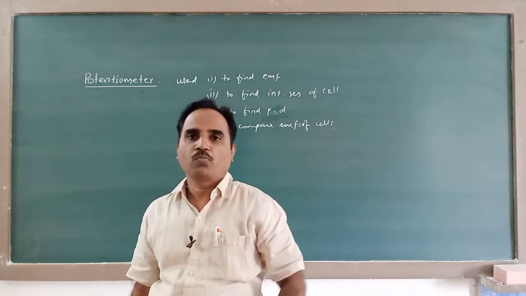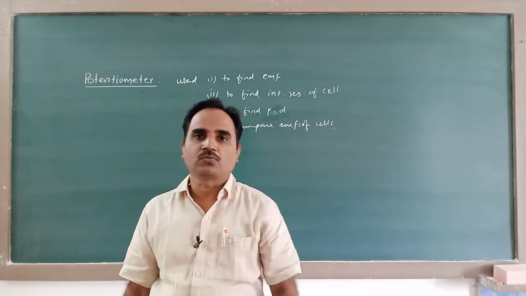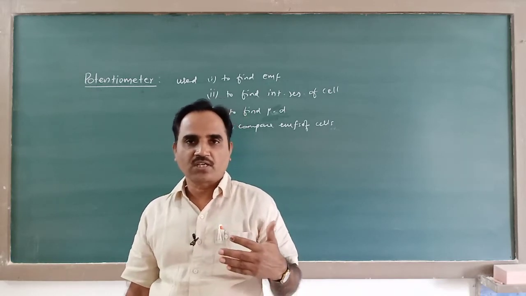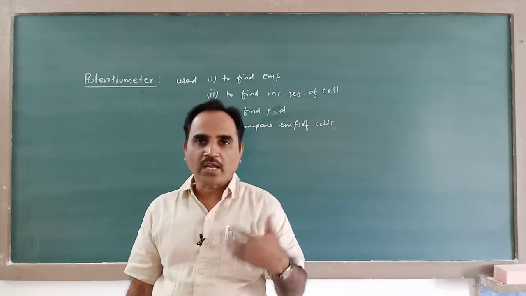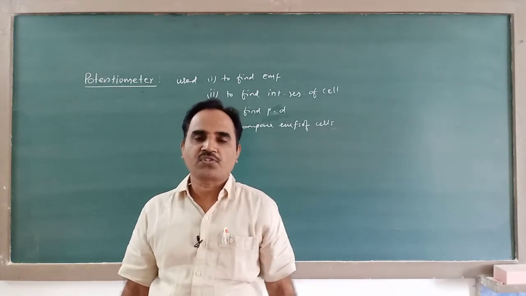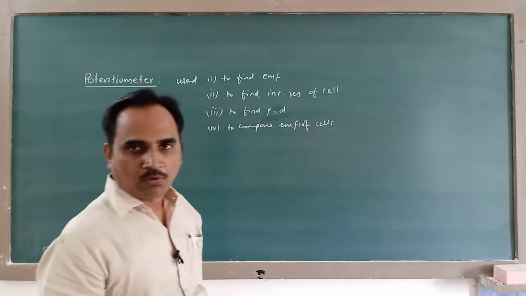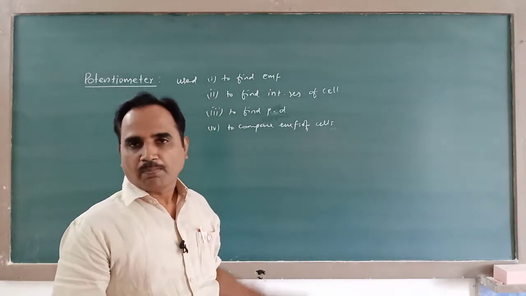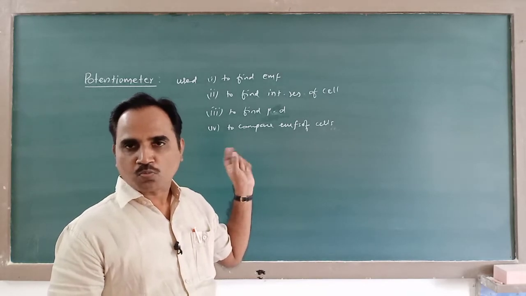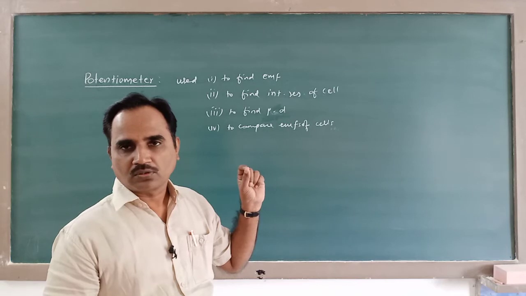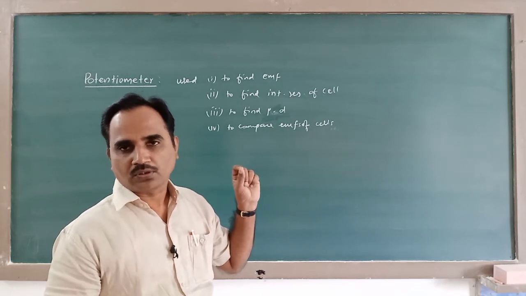That is the difference between the two. So a potentiometer is considered a more accurate device. And one more thing, by using a potentiometer, you can measure small potential differences of the order of millivolts or even microvolts.